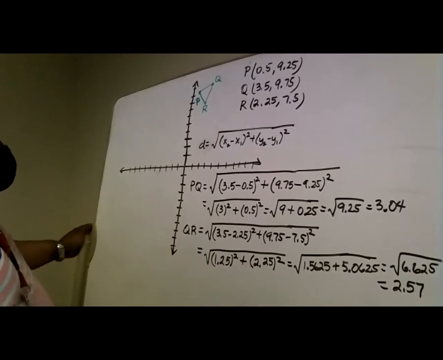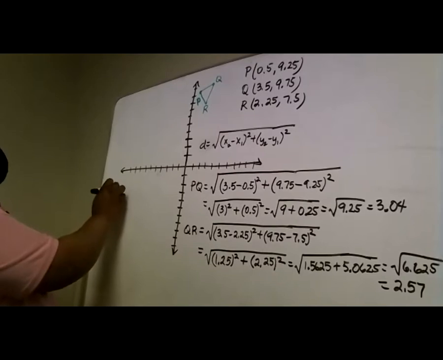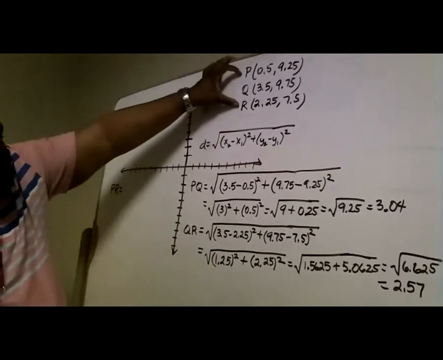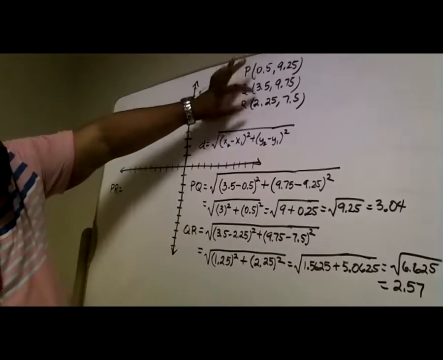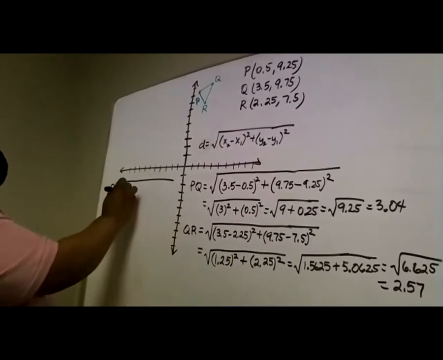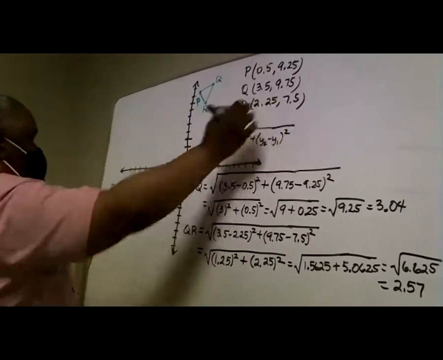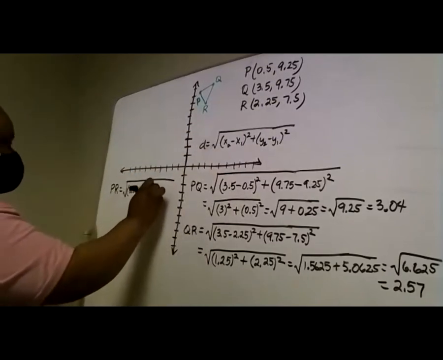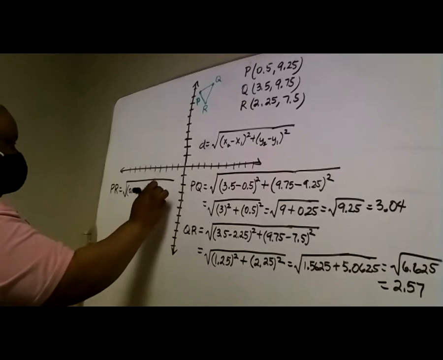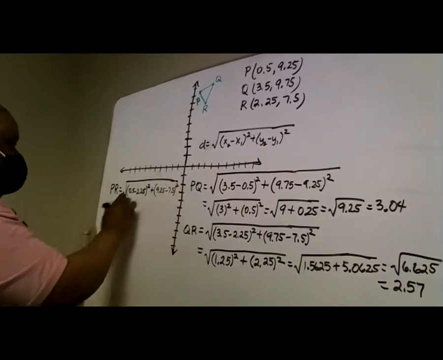Now for PR, it's these two right here. I'm going to do 0.5 minus 2.25, all in the square root, and that's squared, plus 9.25 minus 7.5, and that's squared.